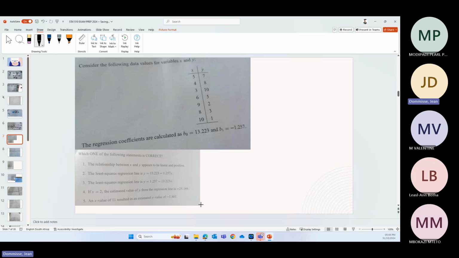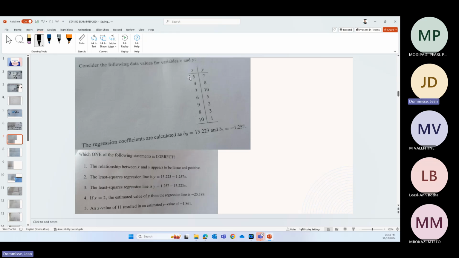Okay, so here we have the data. They give us B0, they give us B1, and then they ask us questions around it. Which one is correct? The relationship between X and Y appears to be linear and positive.